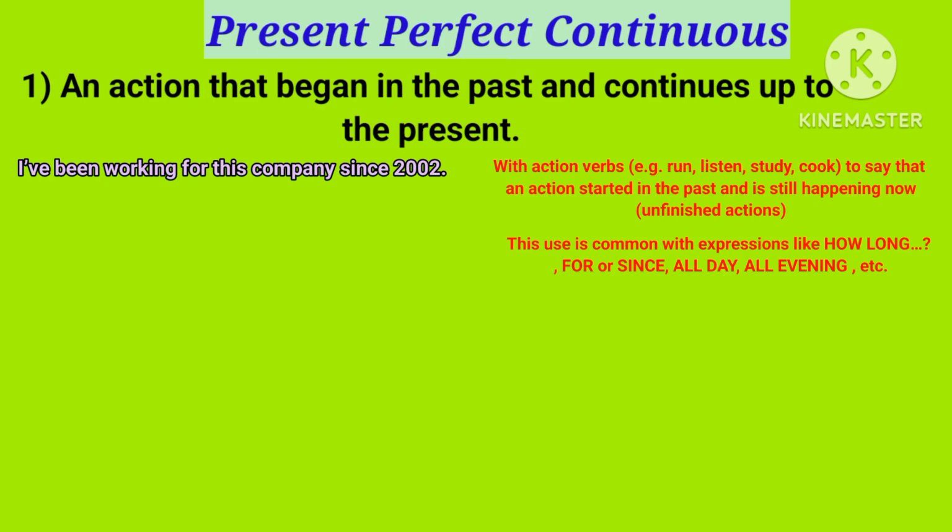Don't forget that working is an action verb. How long have you been waiting to see the doctor? The person is still waiting now. How long signals present perfect continuous very naturally, and waiting is an action verb.